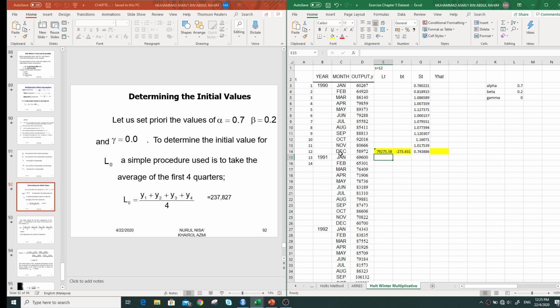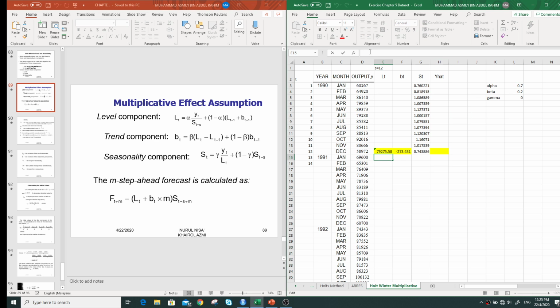So we start with Lt. Lt here is alpha times Yt, where Yt here is Y13, over St minus s, which is actually S1, plus 1 minus alpha, times Lt minus 1 plus Bt minus 1.